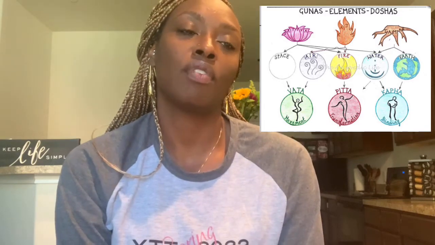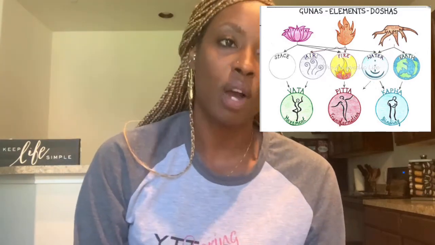Then rajas flows into air and fire. And then tamas flows into water and earth. It also shows how the five elements flow into each constitution. Again, Vata is space and air, ether and air. Pitta is fire and water. And Kapha is water and earth.